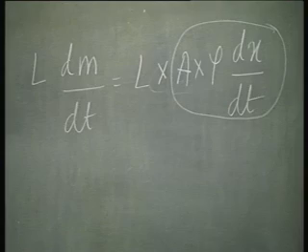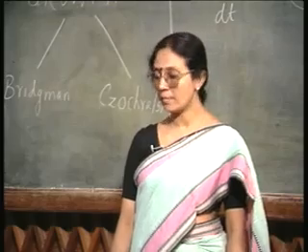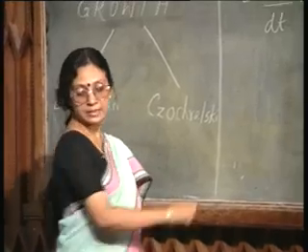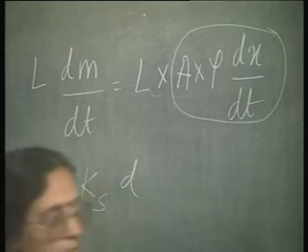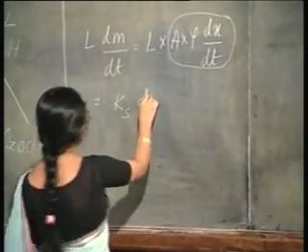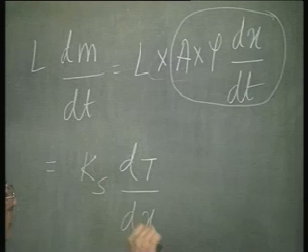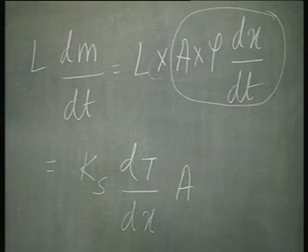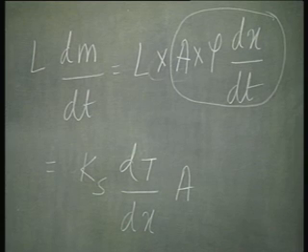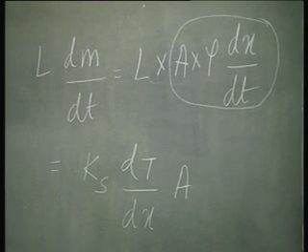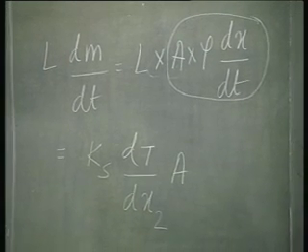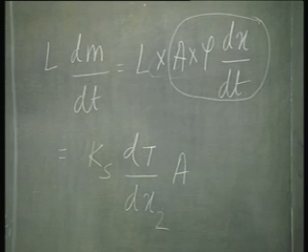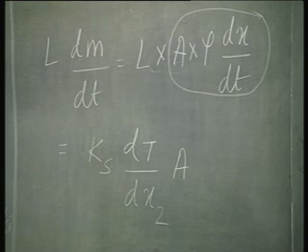So, if I consider that the thermal gradient in the melt is 0, then this dx/dt is nothing but my pull rate. This is the rate at which I am pulling the crystal.